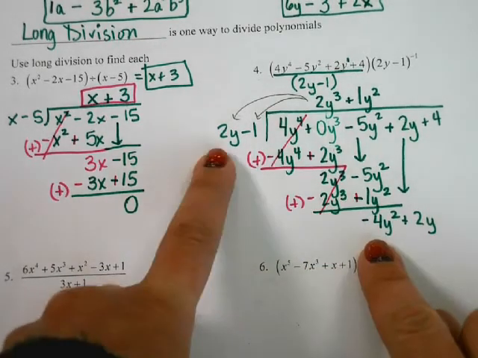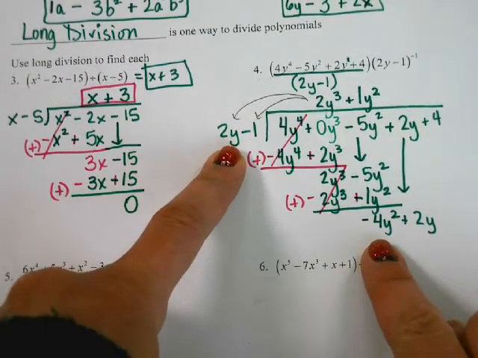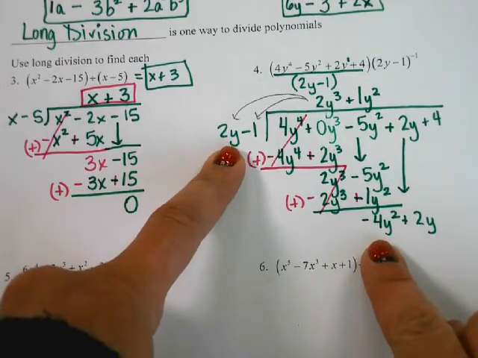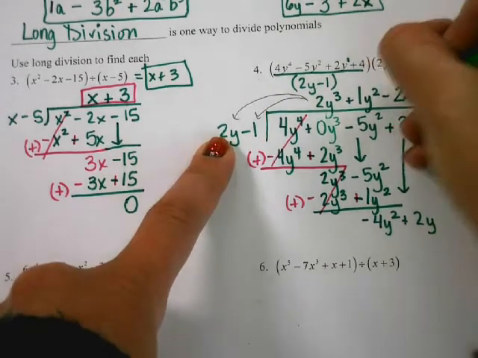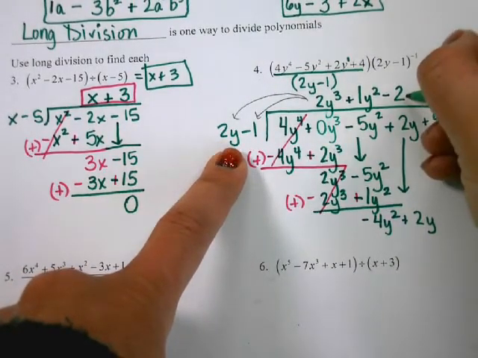Okay, so what do you multiply 2y by to get negative 4y squared? Negative 2y. Okay? I have 1y. I need 2, so I need 1 more.